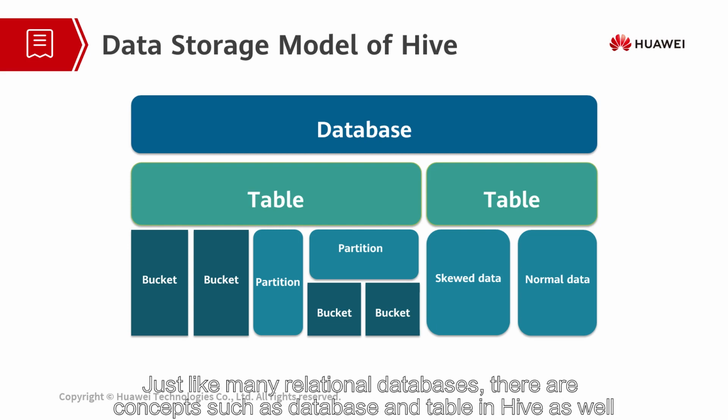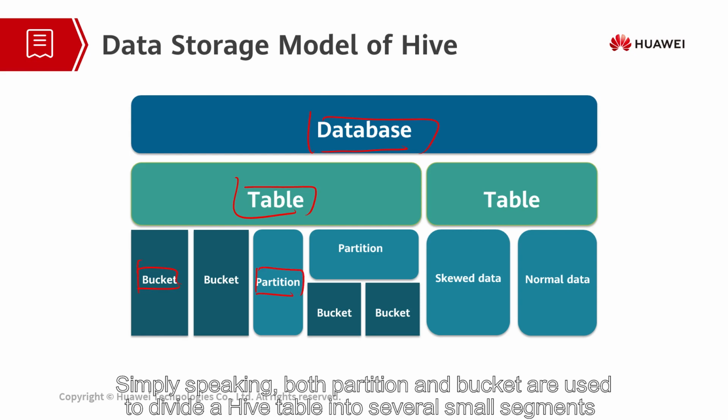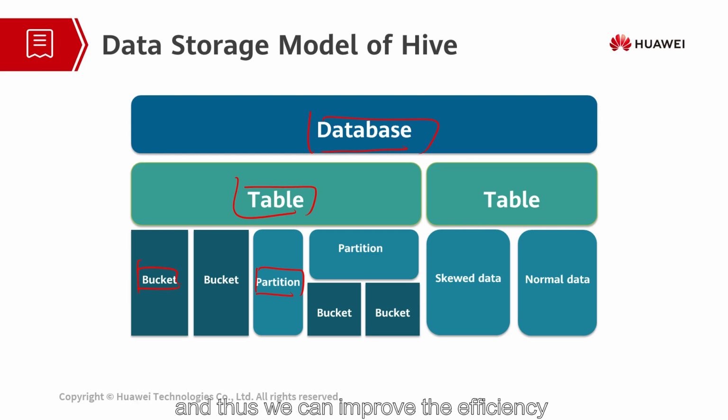Just like many relational databases, there are concepts such as databases and tables in Hive as well. But the underlying storage takes many formats, such as bucket and partition. Simply speaking, both partition and bucket are used to divide a Hive table into several small segments, and thus we can improve the efficiency.